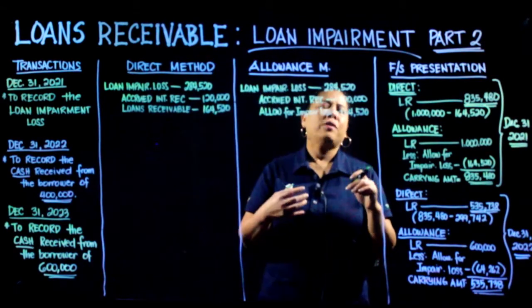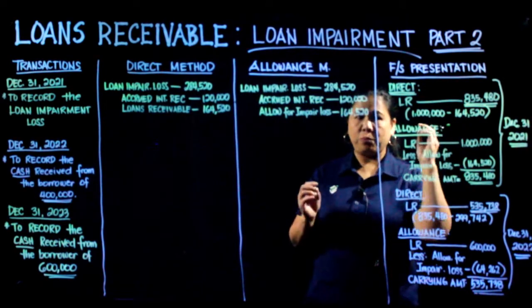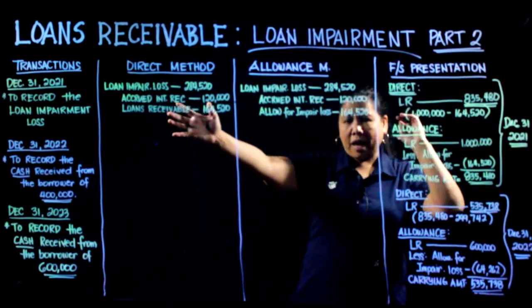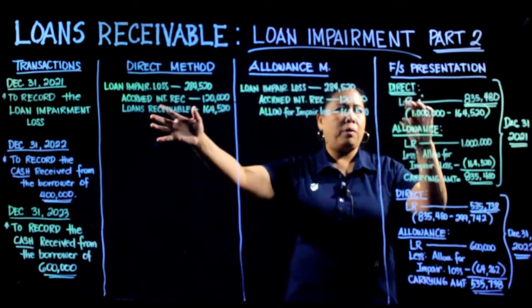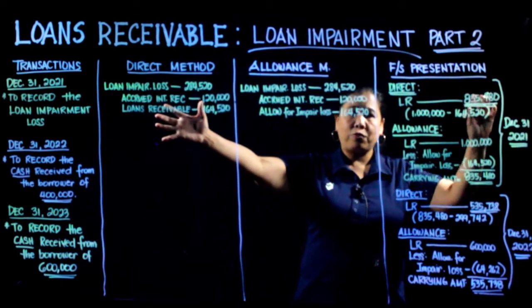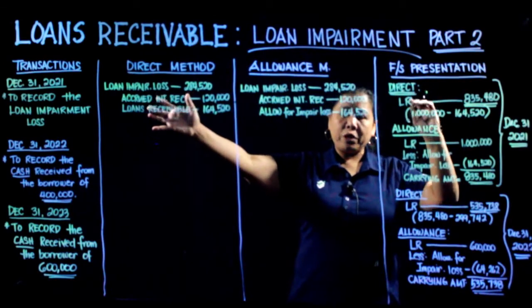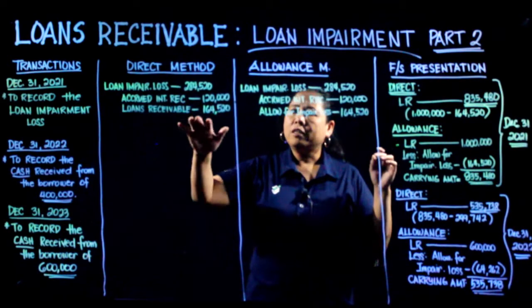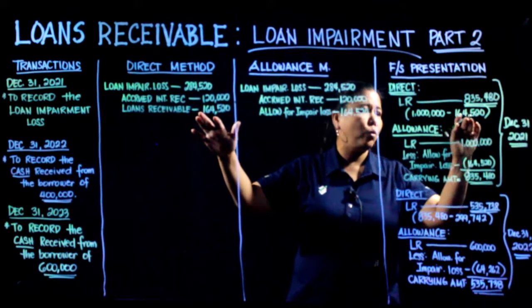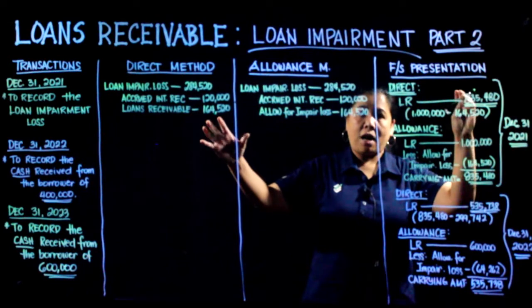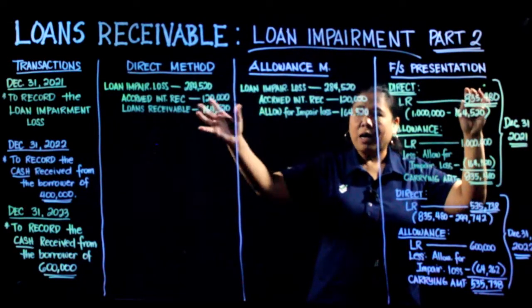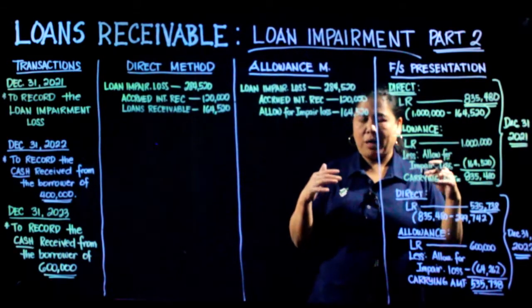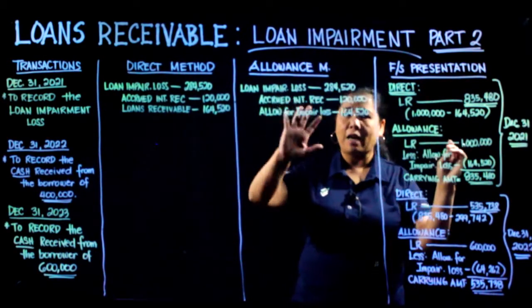Yan ang difference nila. Now, sa financial presentations mo naman, kung direct method ang ginagamit, ang magiging balanse ng iyong loans receivable is 835,480. The principal amount of 1 million minus yung credit mo na 164,520, yan na lang ang natitira sa account mo ng loans receivable kapag direct method ang ginagamit. Kapag allowance method naman ang ginagamit, yung loans receivable mo, hindi tayo nag-credit.